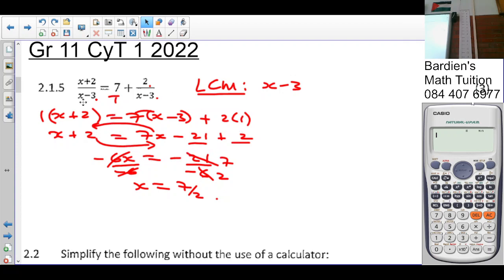It's x plus 2. I took that over, becomes minus, so it's minus 6. Negative 21 plus 2 is negative 19. Negative 19 minus 2 is negative 21. 3 goes into 6 twice, 3 goes into 21 7 times.